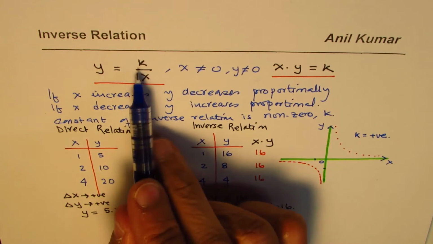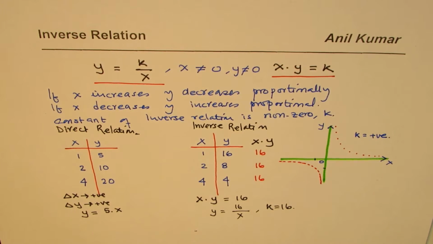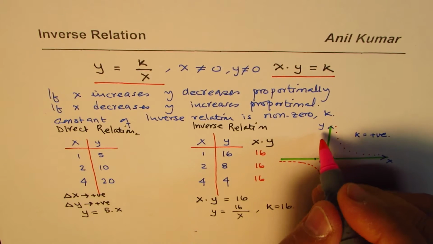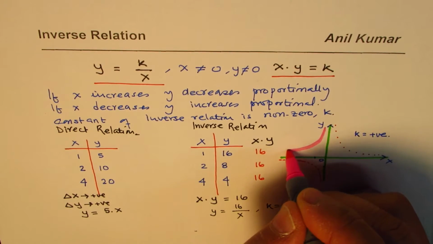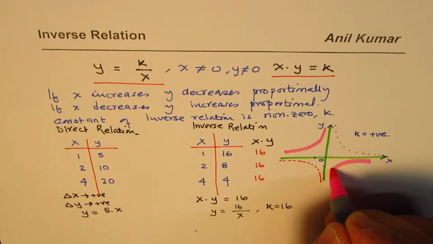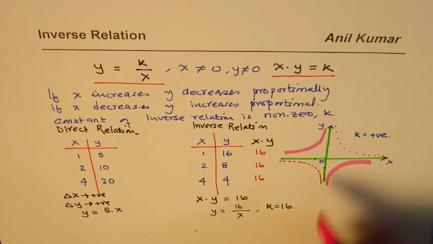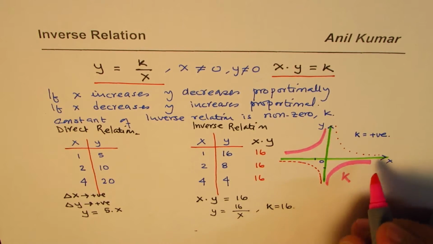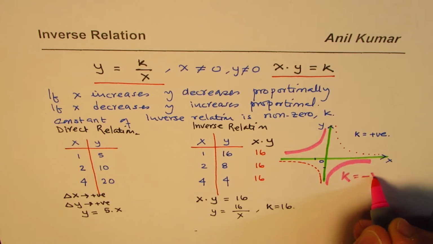However, if we have a negative k, in that case, what will be the graph? Well, if the k value is negative, then the graphs will be kind of reversed. Then for negative x, we'll have a positive value of y, right? So these will be the graphs when k is a negative value. Do you understand?